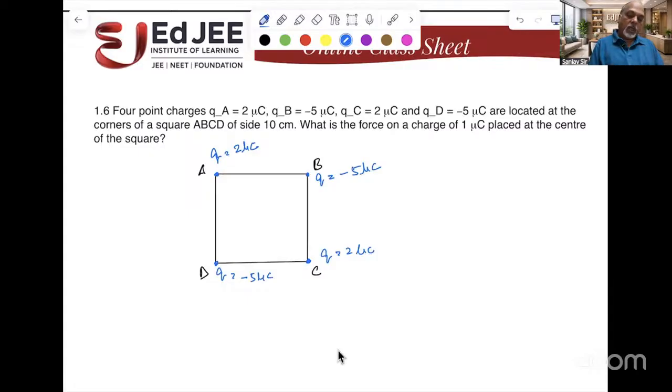What is the question? What is the force on a charge placed at the center of the square? A 1 microcoulomb charge is placed at the center. So let us see.